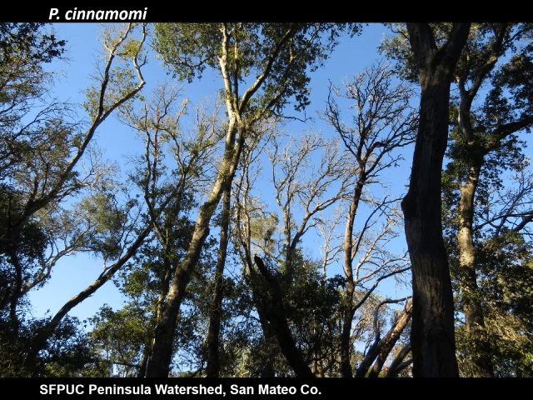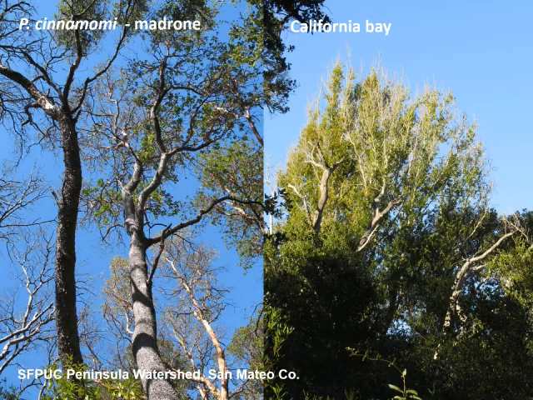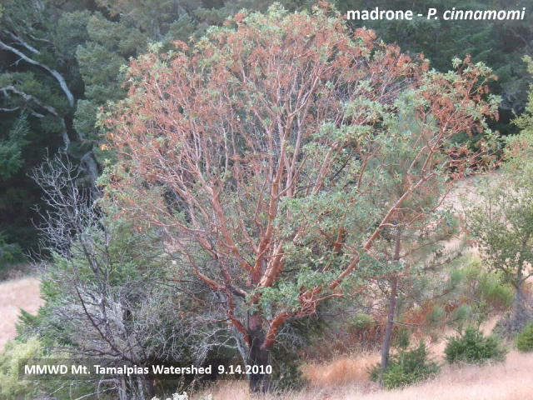A few years later, we had a look at this other mortality center we were called in to investigate, and we also found the same pattern of dying and dead madrones over a wide area, as well as declining California bay. This also turned out to be associated with Phytophthora cinnamomi, but we also found some additional root-rotting Phytophthora species in this area.